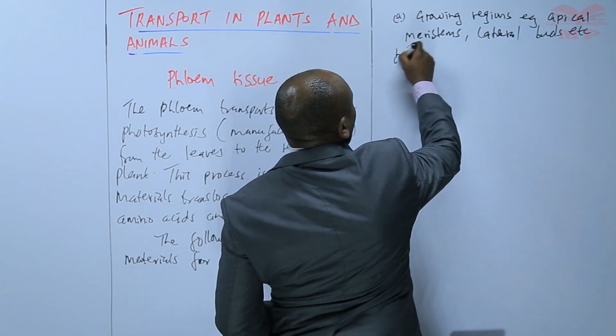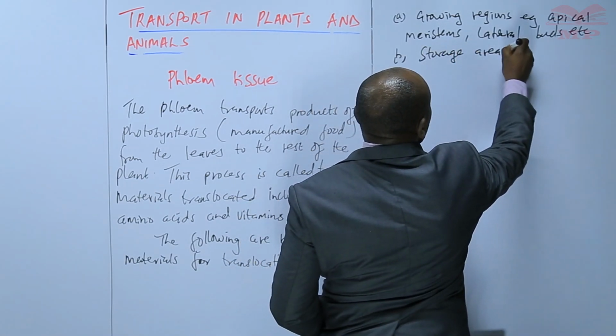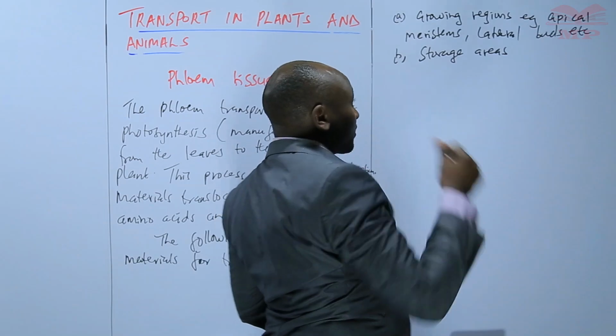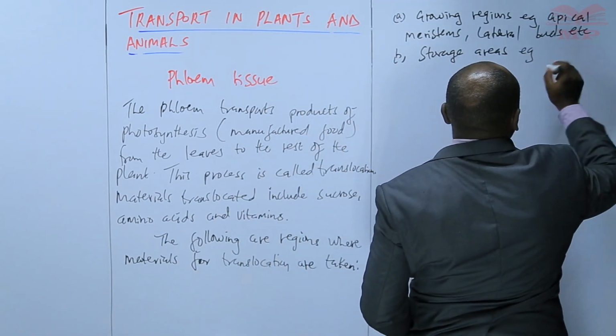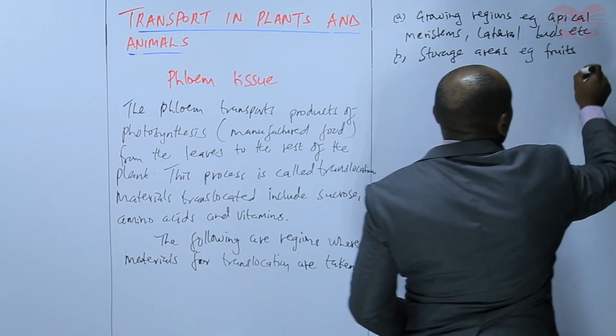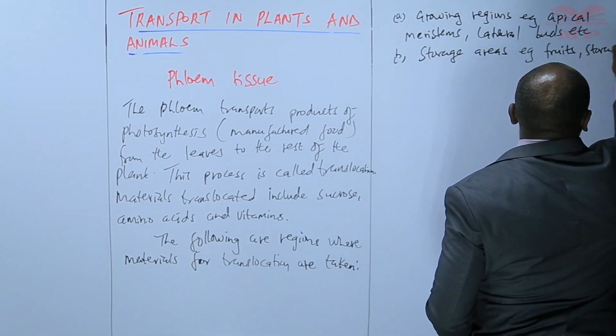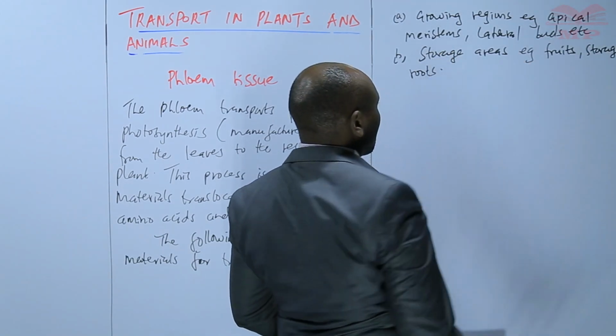Also, they are transported to the storage areas. We have, for example, storage areas such as fruits and even what we call the storage roots, like the tap roots.